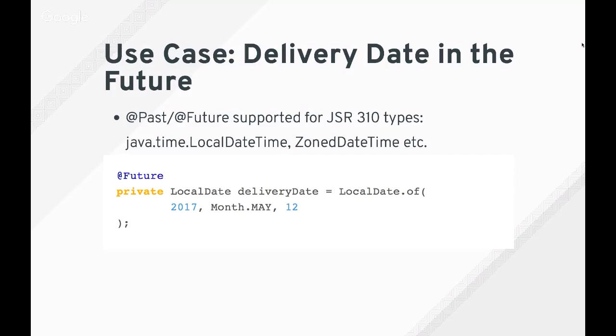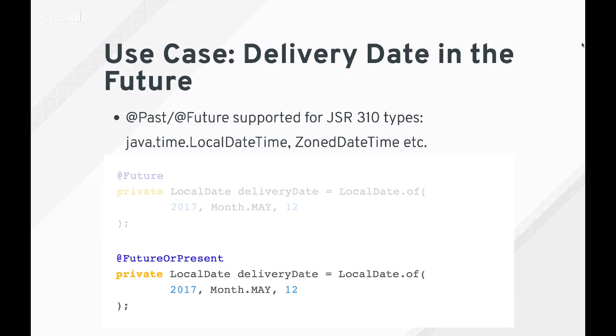So you could say, okay, this LocalDate deliveryDate, it should be in the future. There's a new companion to @Future and also to @Past, which is @FutureOrPresent. And this means also consider the current time or the current moment as valid. What the current moment means depends on the type which this is about.